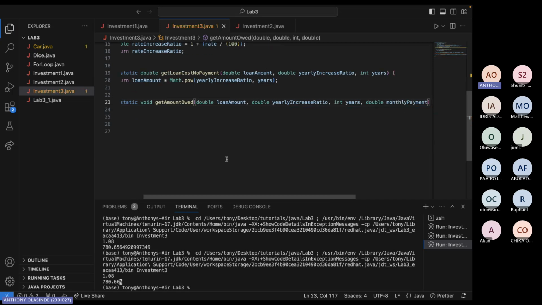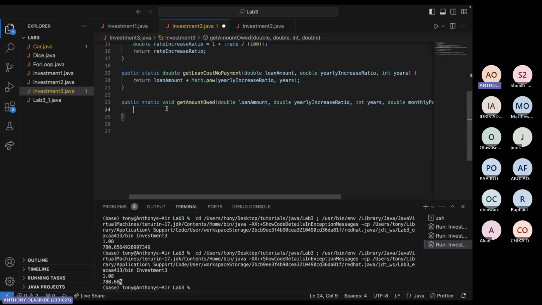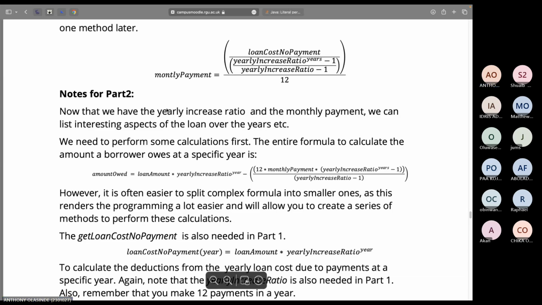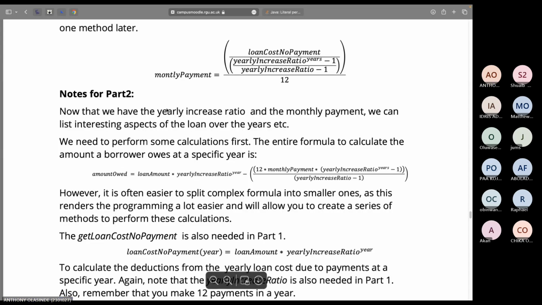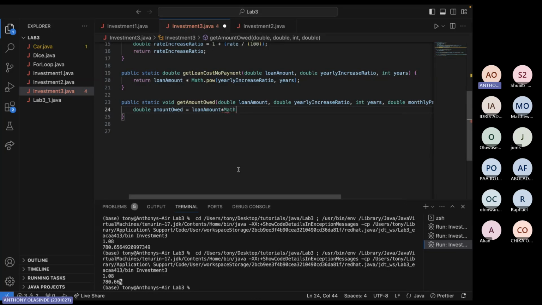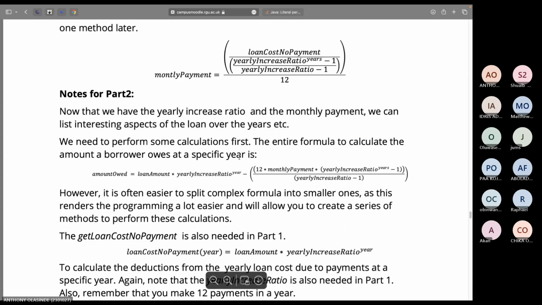So we can now write the formula, which is double amount owed equals loan amount multiplied by the power of yearly increase ratio by year. So Math.pow, yearly increase ratio by year.